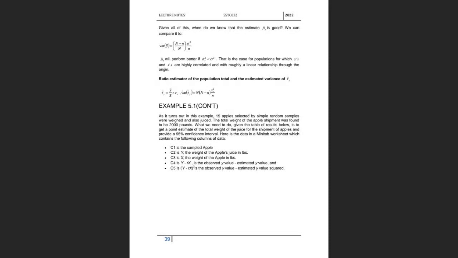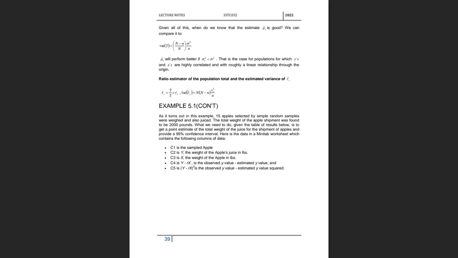See, this is the example that we're talking about. Let's try to read it a bit and analyze it. Like I said, here they use the apples and we have used the oranges.